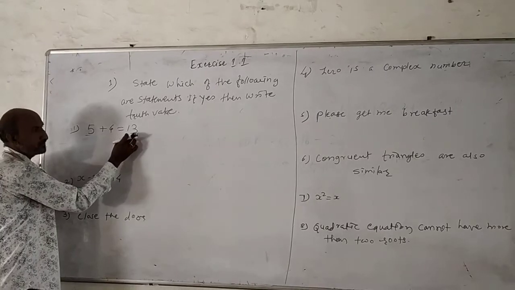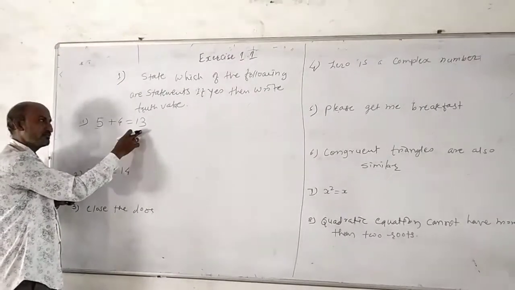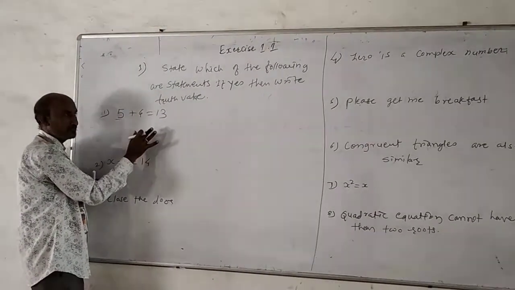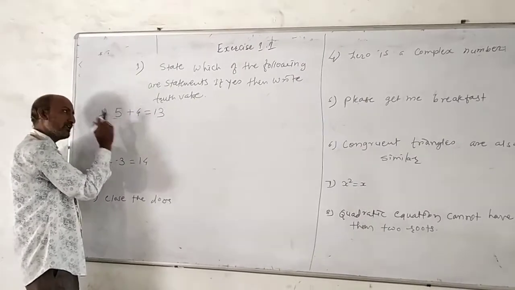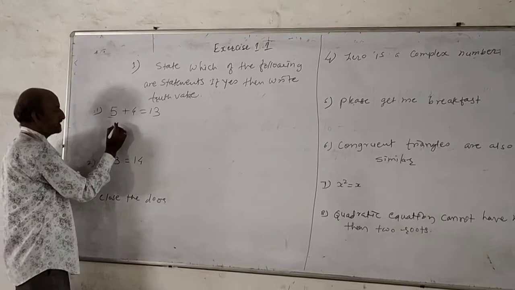5 plus 4 equal to 30. Is it true? No. 5 plus 4 is 9. But it is a statement. Then how to write the answer? See here.